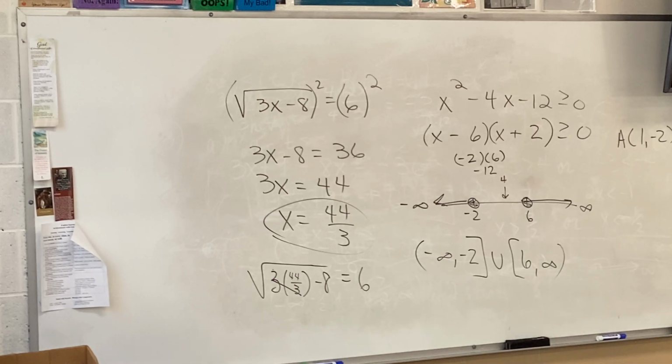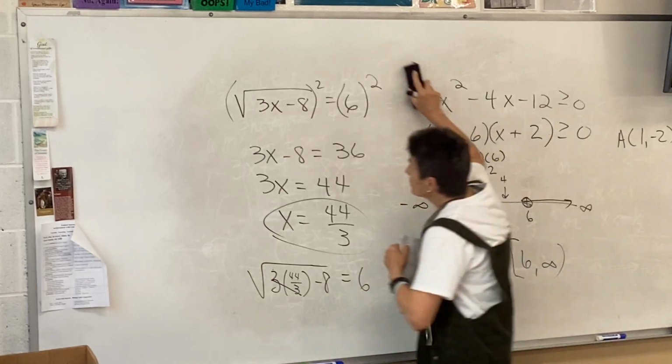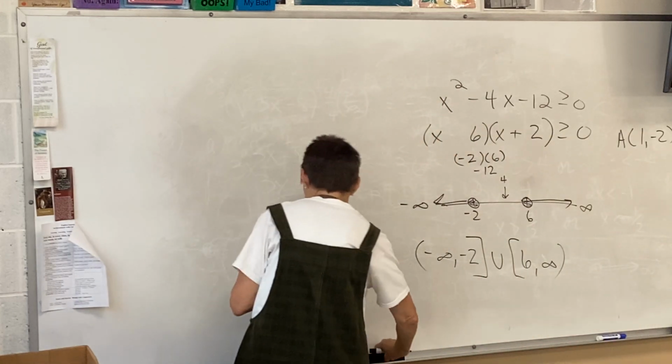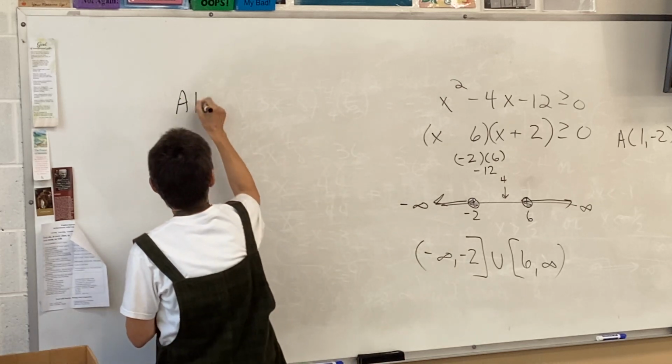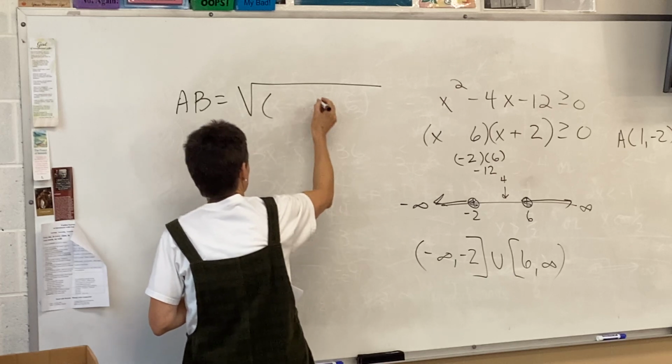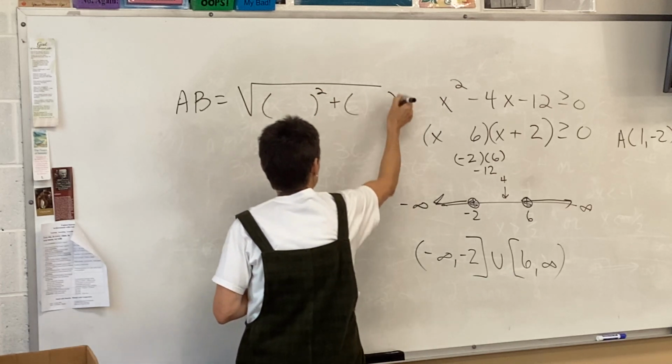All right, what does A mean? This has been on a quiz or two. What does problem 5A mean? That means the distance. So AB will be a distance, and that's going to be a couple of parentheses squared, that's what it looks like.